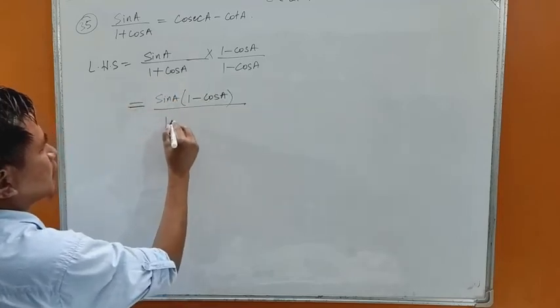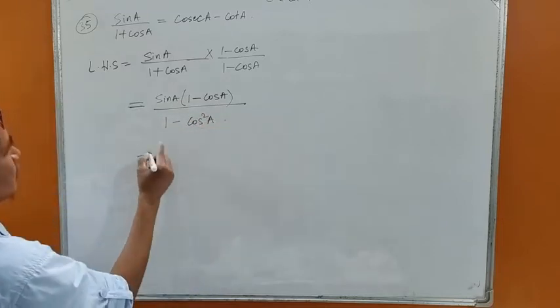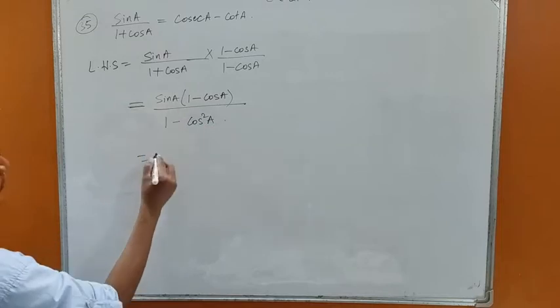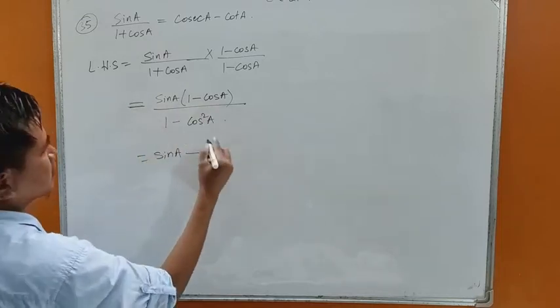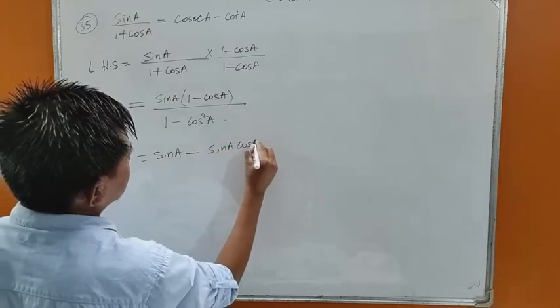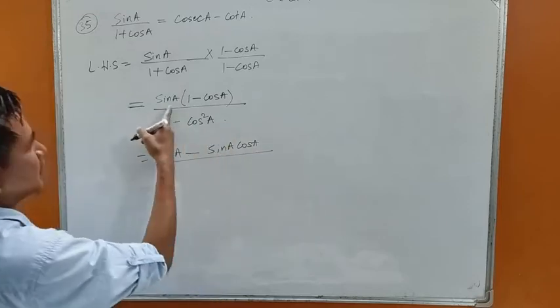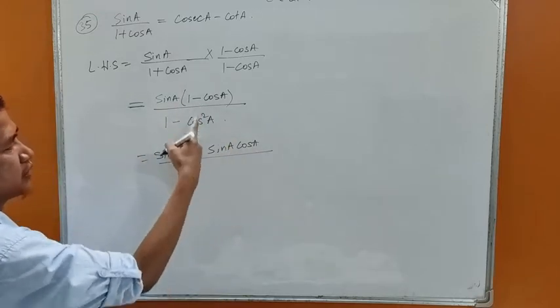Means 1 square is 1, minus B square is cos square A. Now let me multiply this: sin A into 1 is sin A, minus sin A into cos A, sin A cos A.